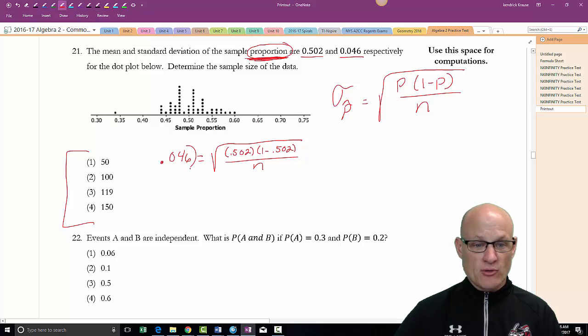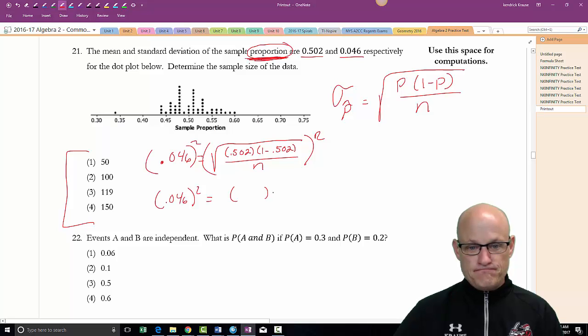Well, I'm going to square both sides to get rid of that radical. So 0.046 squared is equal to 0.502 times 1 minus 0.502 all over n.